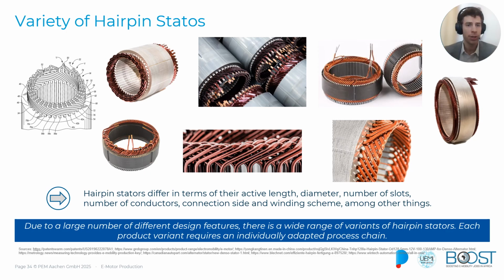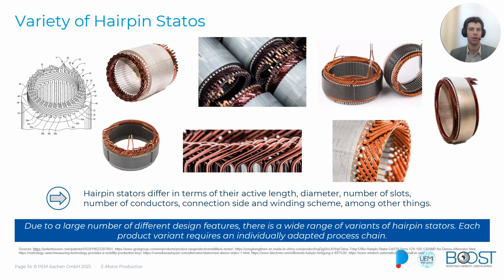On this slide, we see some examples of the variety of hairpin stators. Hairpin stators differ in terms of their active length, their diameter, their number of slots and number of pins or conductors in this slot.